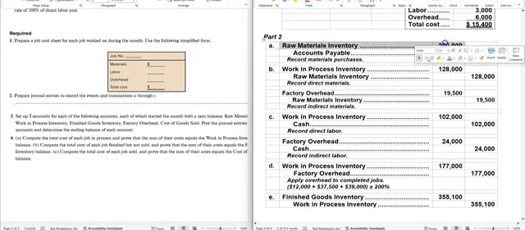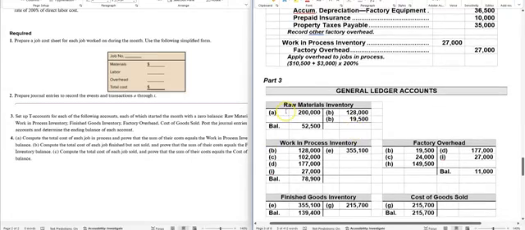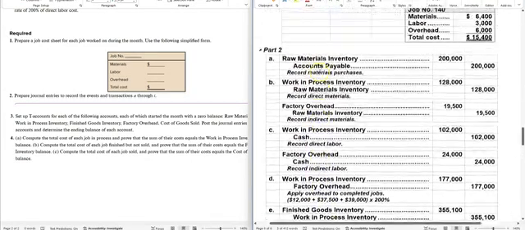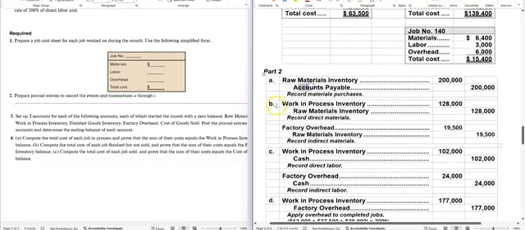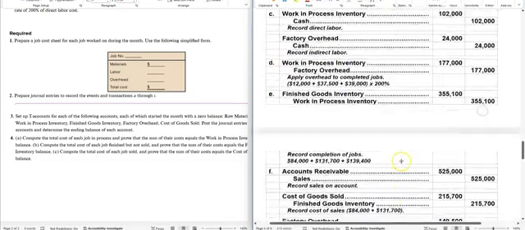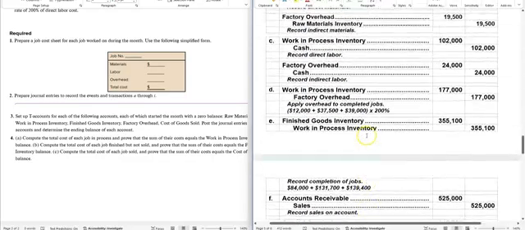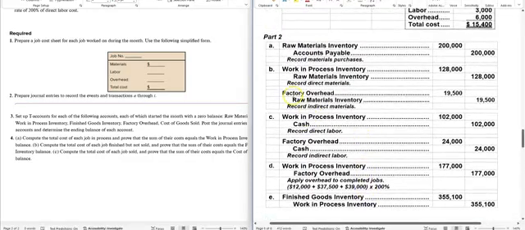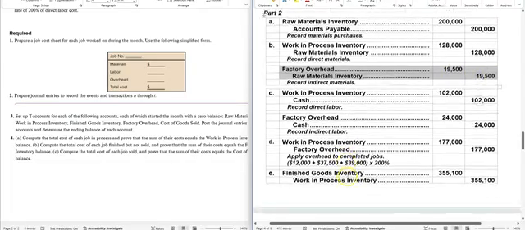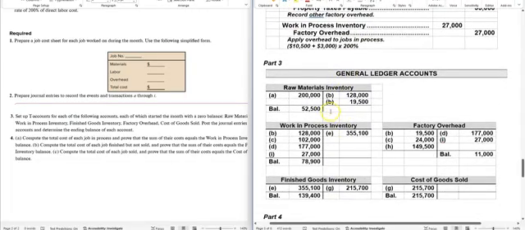Debit raw materials for 200. I'm not dealing with the accounts payable account, so debit work in process for 128, credit raw materials for 128. Credit raw materials, debit work in process. Debit factory overhead for 19.5, credit raw materials for 19.5.